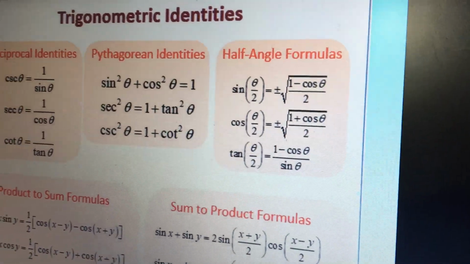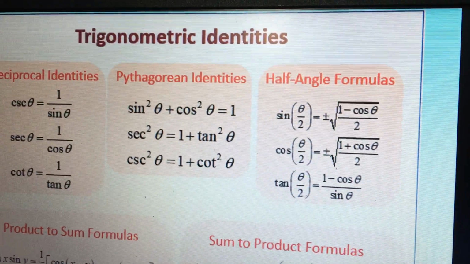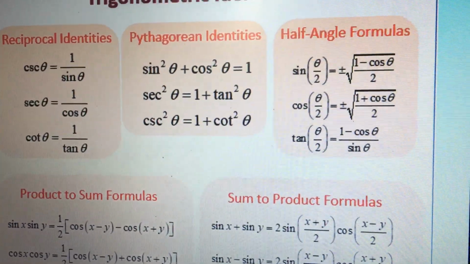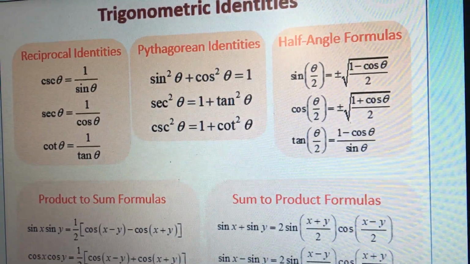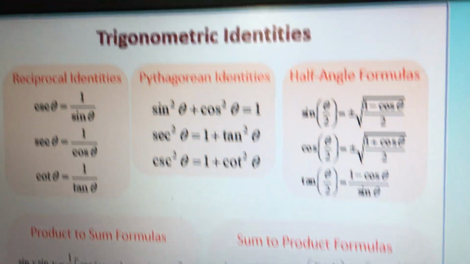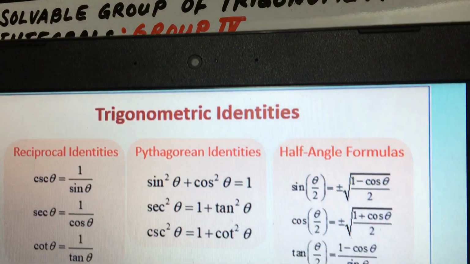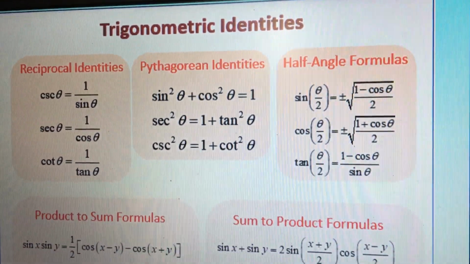Alright, so these are the trigonometric identities. Since our given is in terms of sine and cosine, we can make use of this.